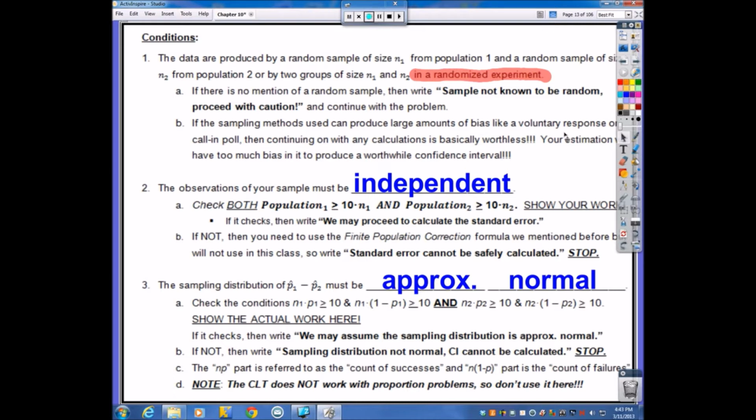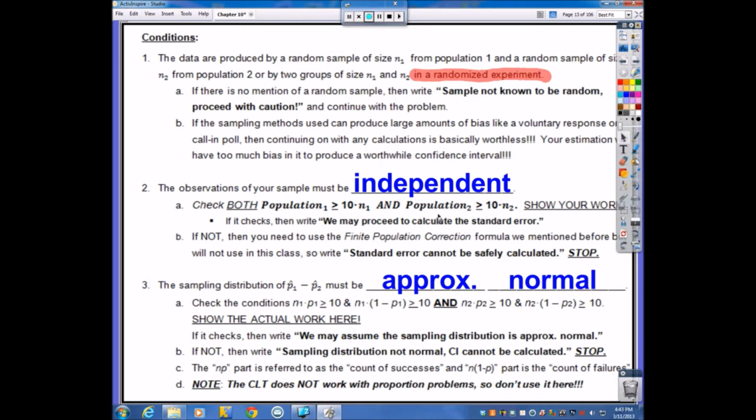They may not say they were randomly assigned, so you need to read into the problem to see how they were assigning people to treatment groups. If it involved a random generator or a random tool, then it's okay. You're still going to have to check if your observations are independent for both samples.